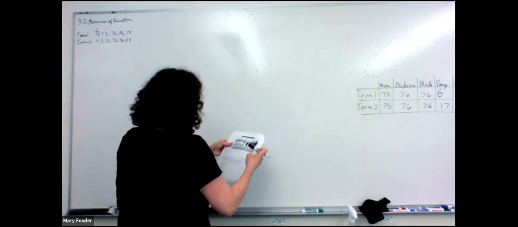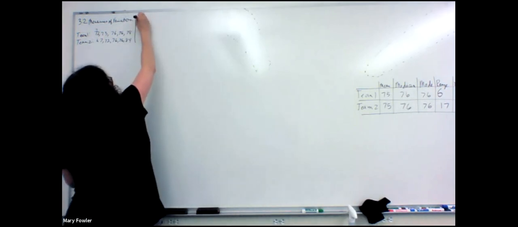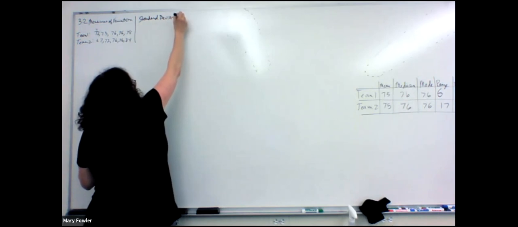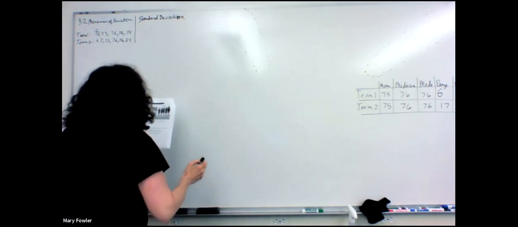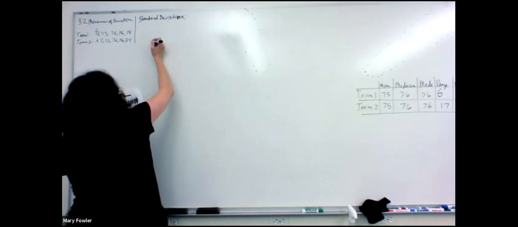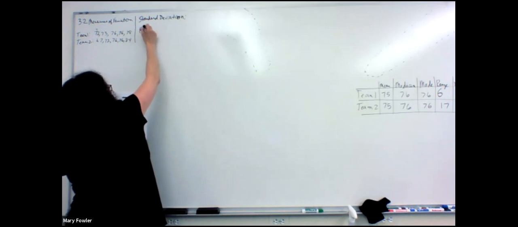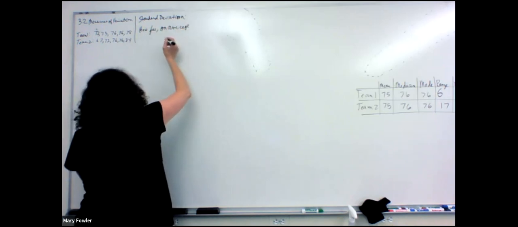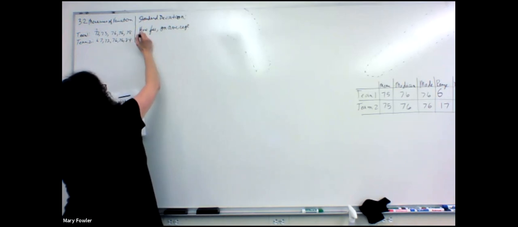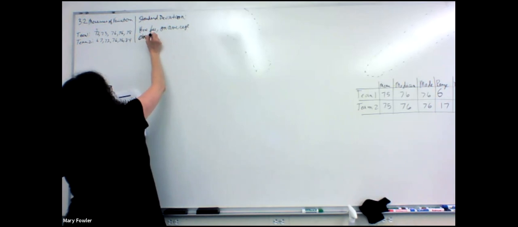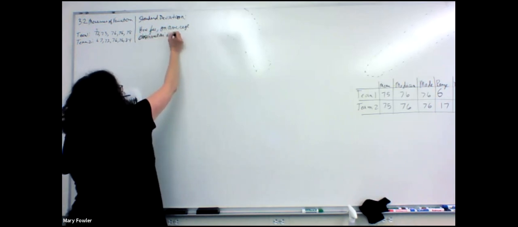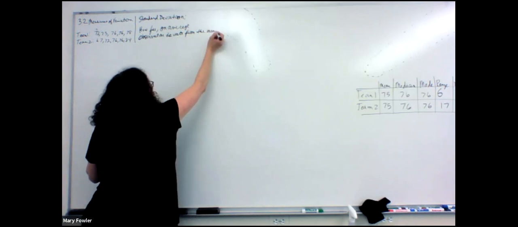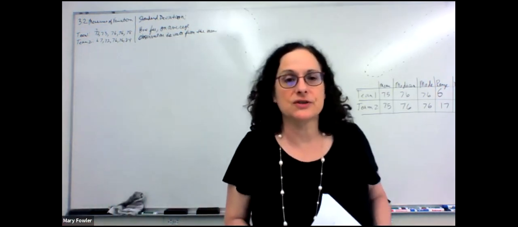Okay, so starting with the definition of standard deviation: it measures variation by indicating how far on average observations deviate from the mean.